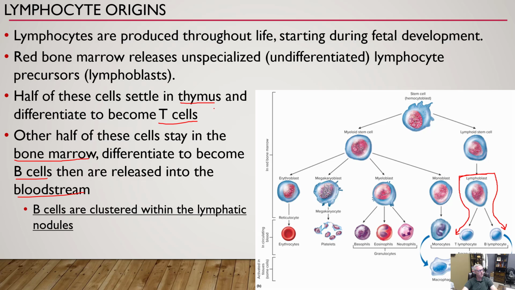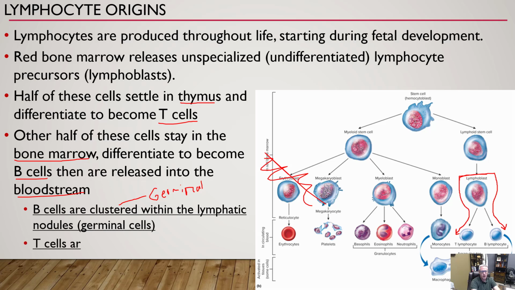And then remember they both go to the lymph node, where B cells are clustered in lymphatic nodules, in the germinal centers. And then T cells are found in the medulla.